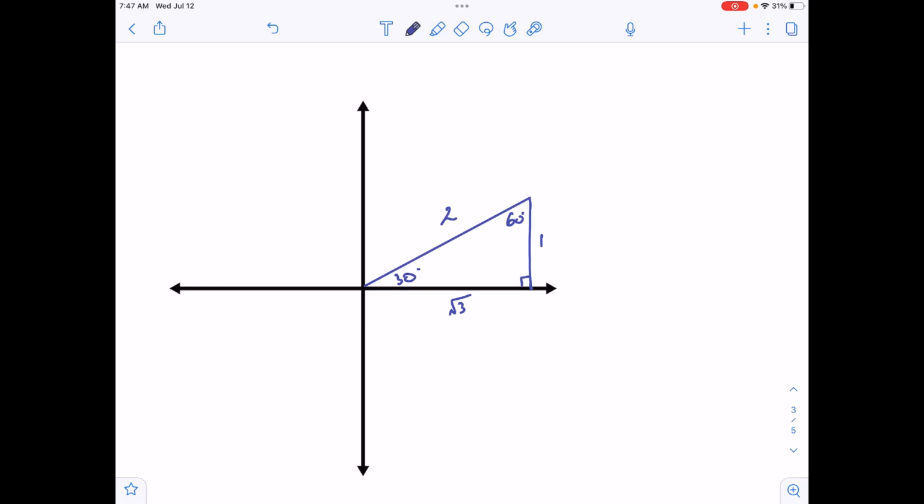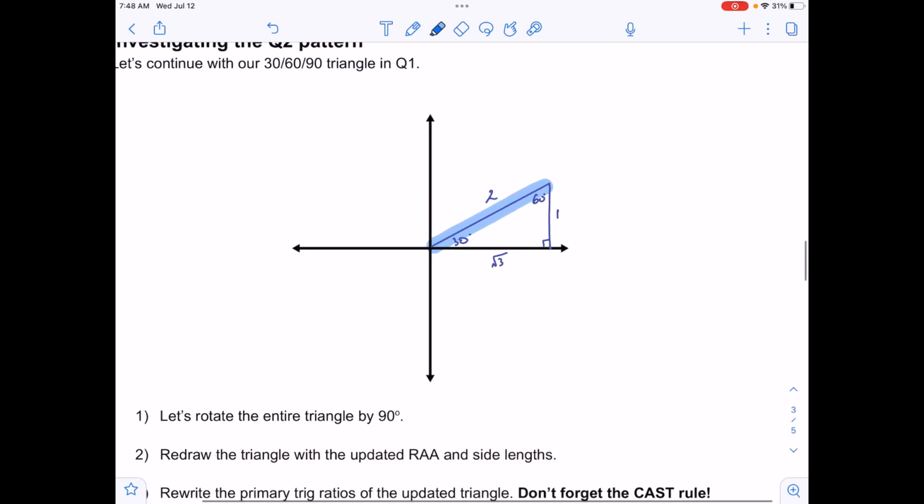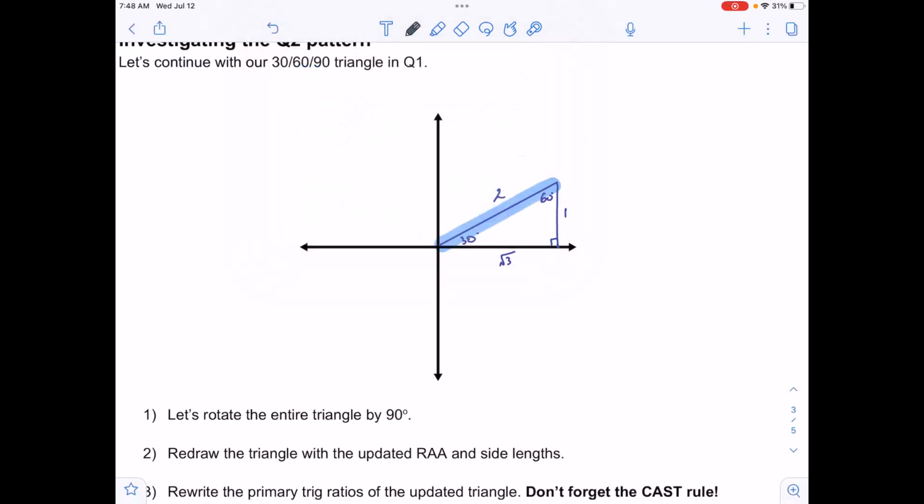In this triangle, this is my terminal arm because it's the one starting from the origin. Very first thing I want us to do is rotate the terminal arm by 90 degrees.